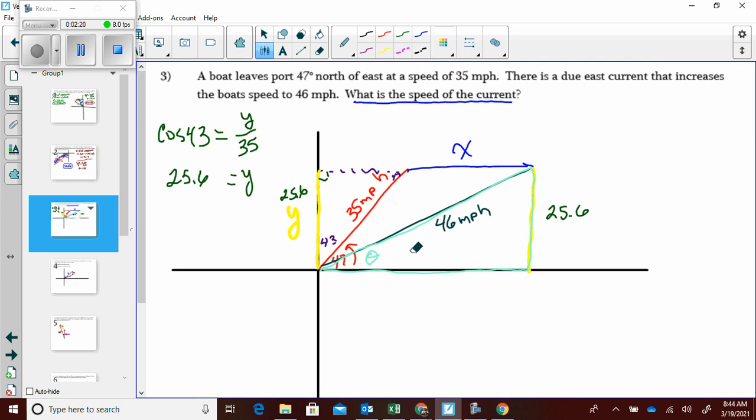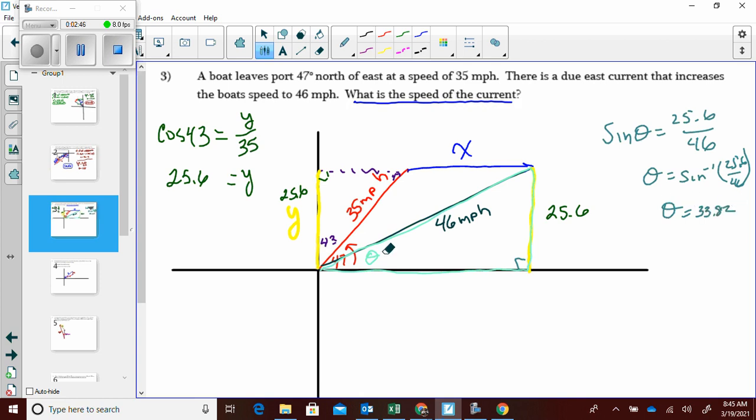So right here, to set this up, because here's our right triangle, this is going to give me the sine of theta is 25.6 over 46. So theta is the inverse sine of 25.6 over 46. Theta ends up being 33.82.